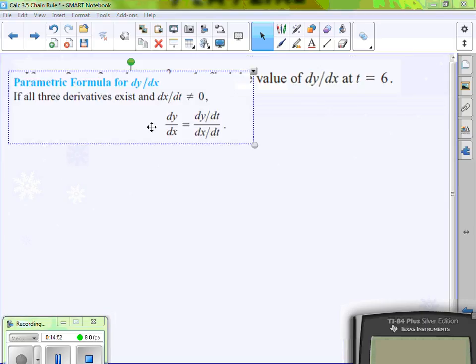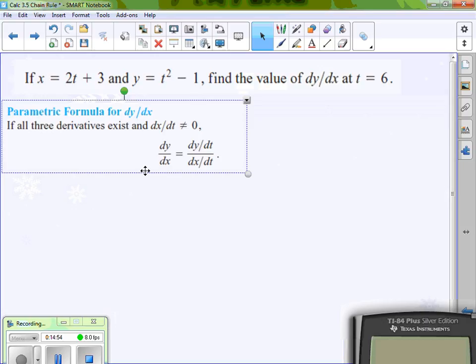For parametric functions, to find dy dx, you take dy dt divided by dx dt.